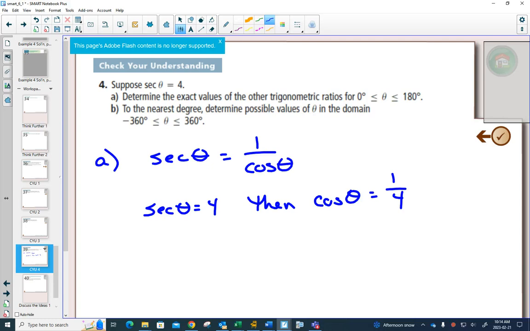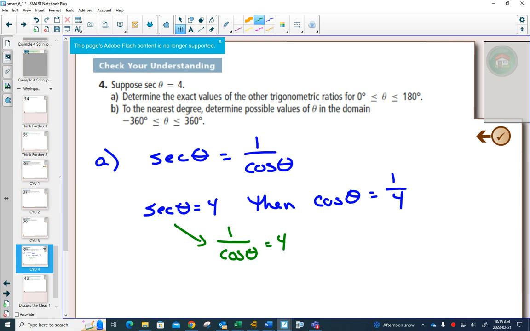And we're going to use this shortcut a fair bit. You can write this down if you want. This is the shortcut. If I know that secant of theta is equal to 4, then the answer will be the reciprocal for cos. If I wanted to do this the long way, first of all, secant of theta is equal to 1 over cos of theta, so I would change this to that.